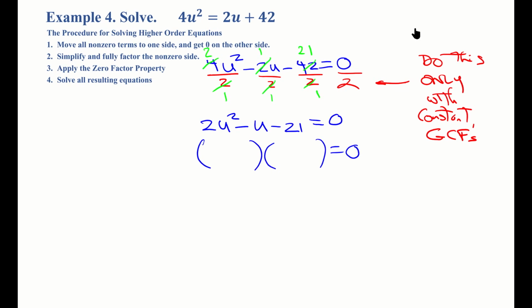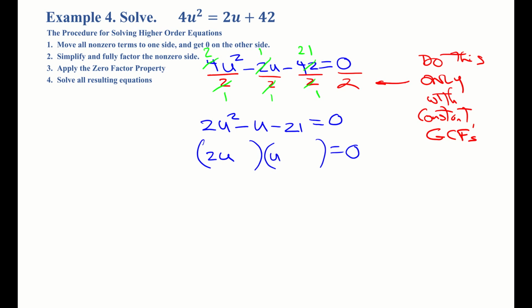So we want 2 expressions in here and here whose product is 2u squared, right? So that's going to be easy, maybe 2u and u. Now here in this spot and this spot, we want 2 numbers whose product is negative 21, and then we want to make sure the outer and the inner products add up to the middle term.